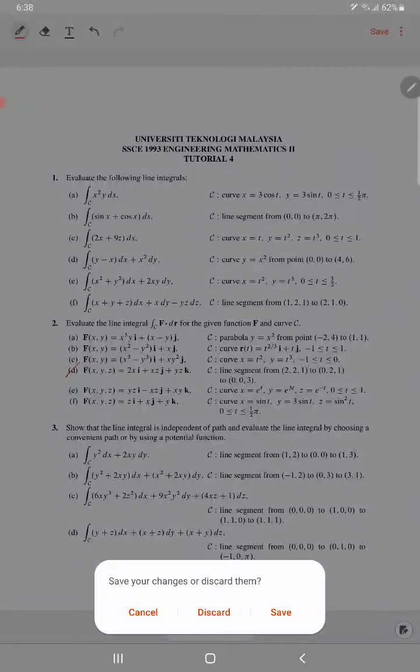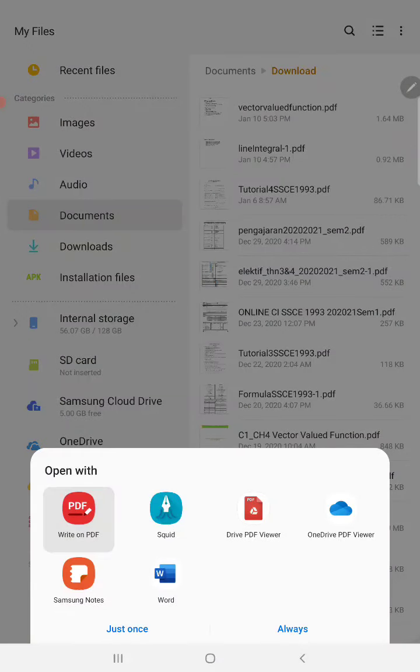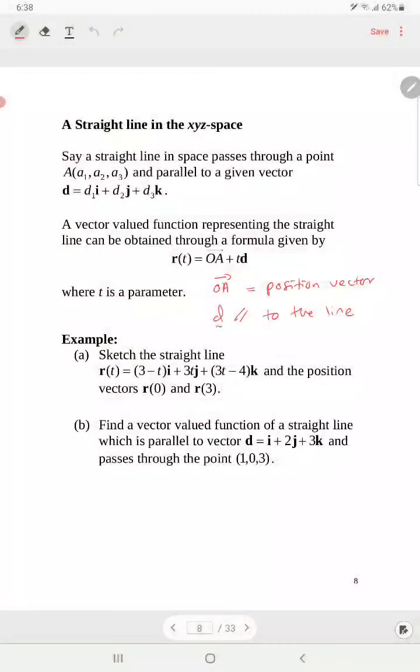If you recall from vector valued functions on straight lines, here we have an equation of a straight line in xyz space. The equation of a straight line is r(t) equals OA plus td, where OA is the position vector and d is a vector parallel to the line.